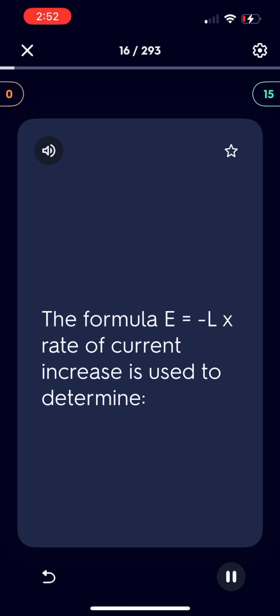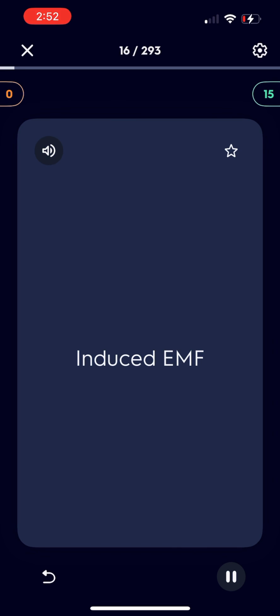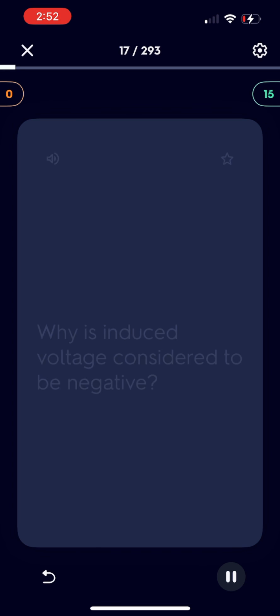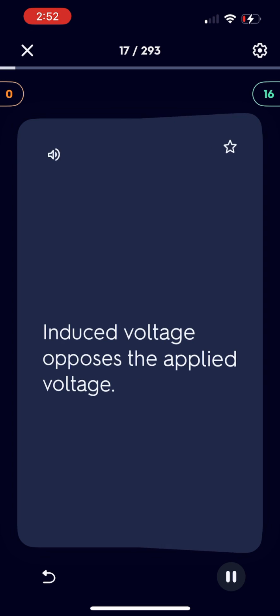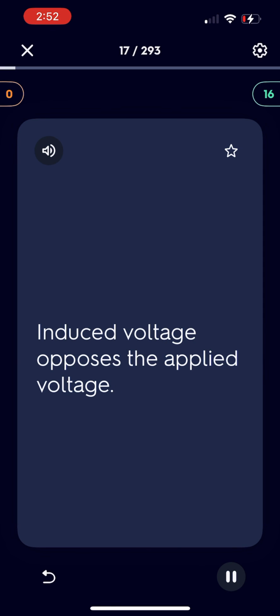The formula E equals L times the rate of current increase is used to determine induced EMF. Why is induced voltage considered to be negative? Induced voltage opposes the applied voltage.